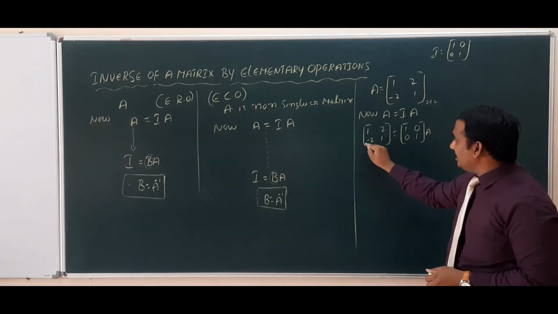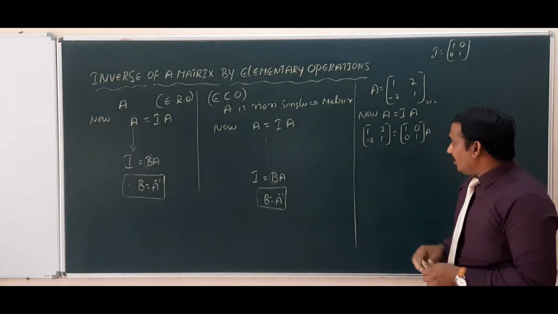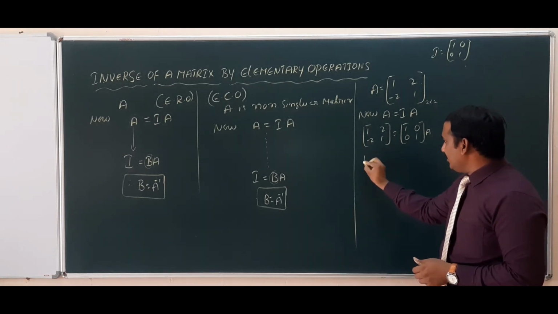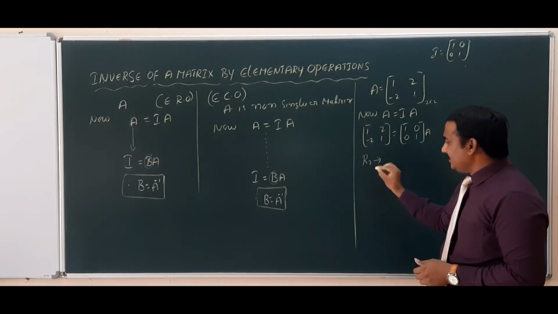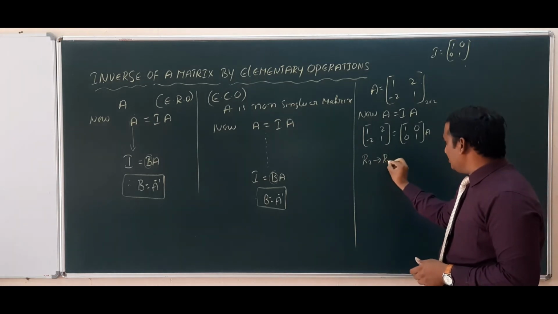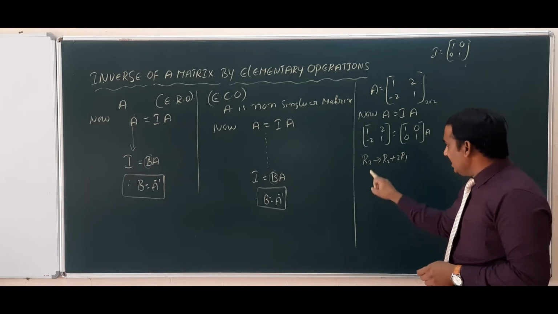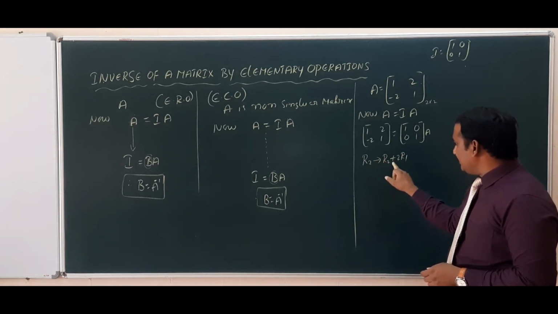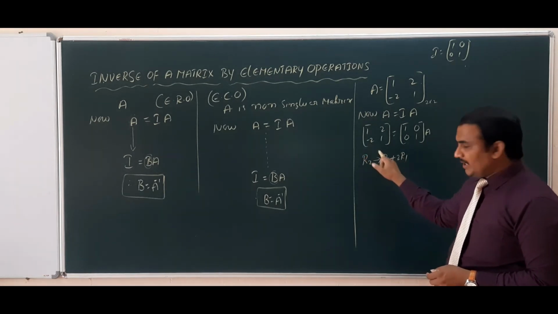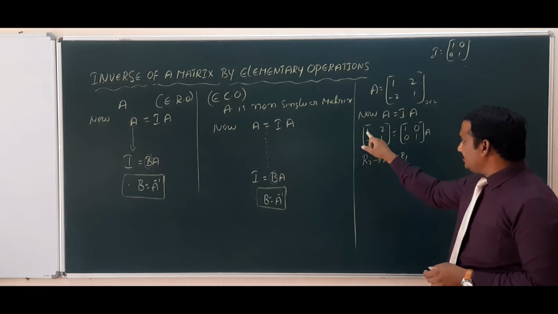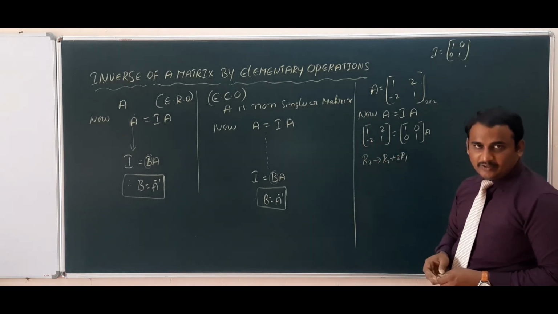Minus 2 should become 0 value. What operation will we apply here? R2 implies R2 plus 2 into R1. Once again, R2 implies R2 plus 2 into R1. R2 means minus 2 plus 2 into R1, where R1 is 1; minus 2 plus 2 gives 0.